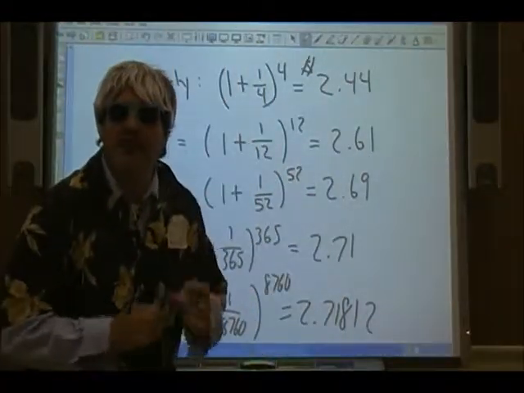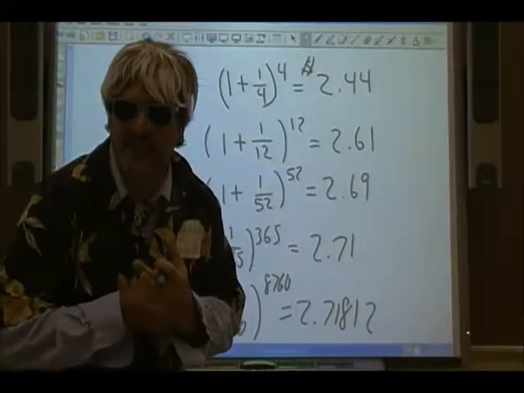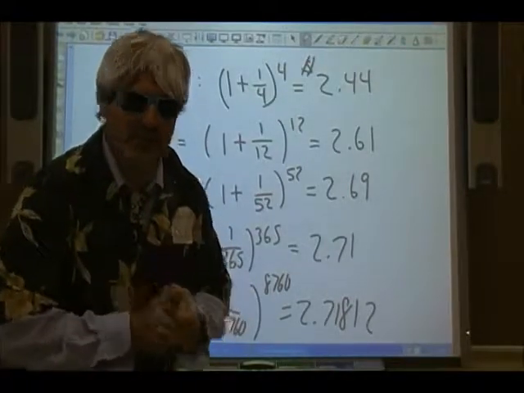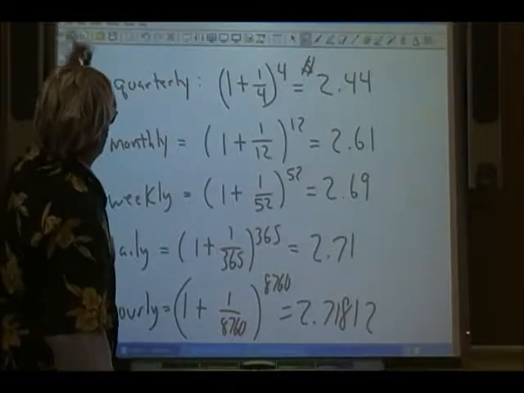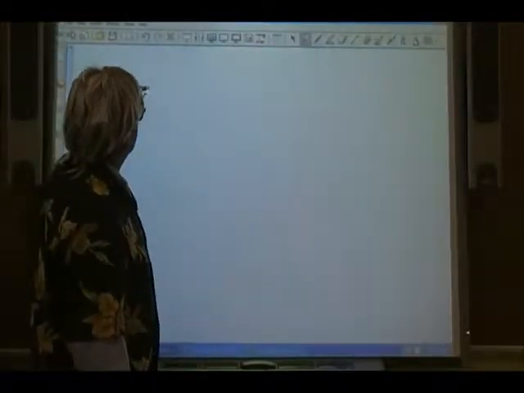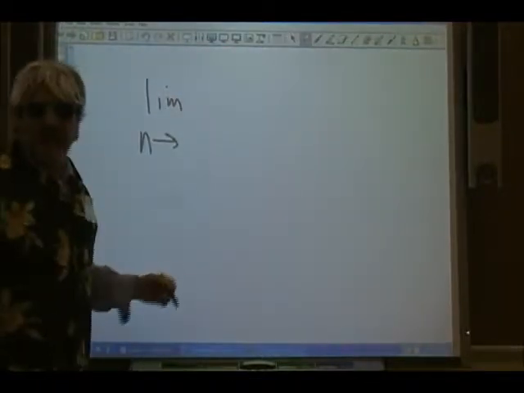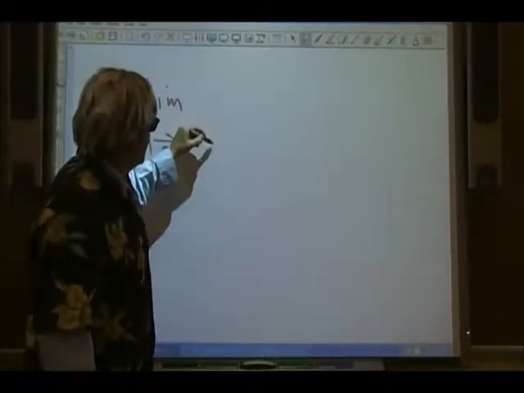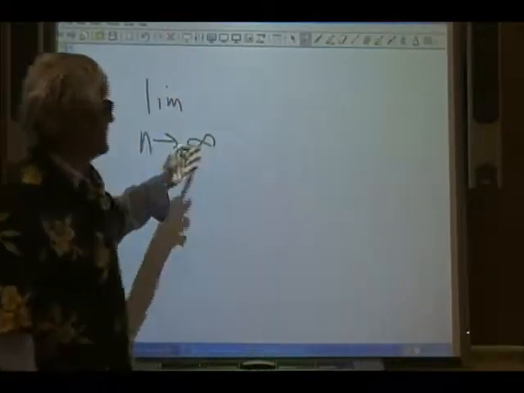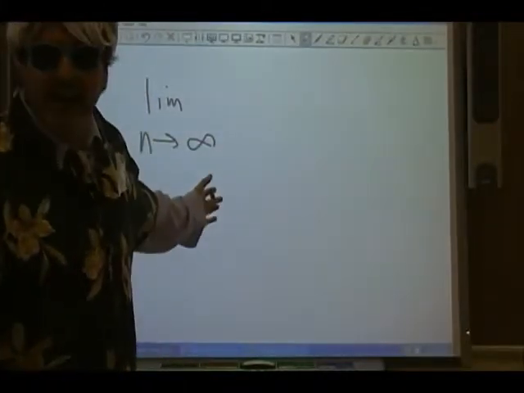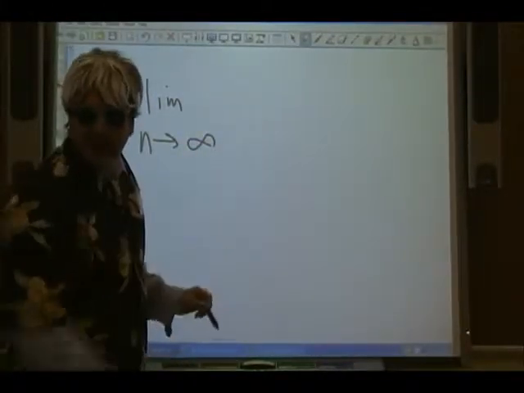If you want to do it continuously, here's what happens. The way you can do it continuously is you have to take a limit as your number is approaching infinity, which just kind of looks like an 8 that drank too much and fell over.